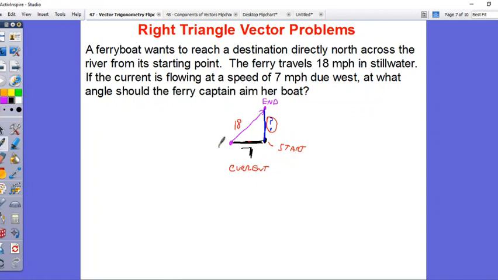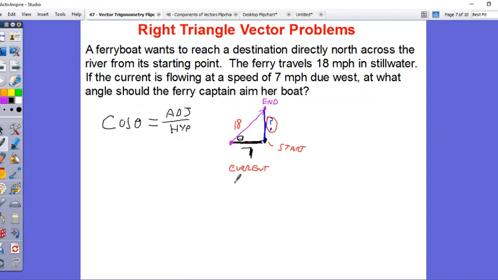We need to figure out what angle we should aim the boat. So we actually don't need to know the missing side, even though we could use the Pythagorean theorem to find it. We need to find this angle, the angle she's aiming the boat. So I'm going to say the cosine of theta is the adjacent over the hypotenuse.